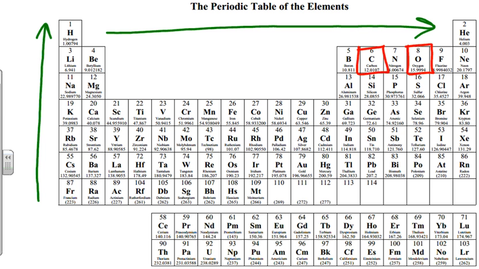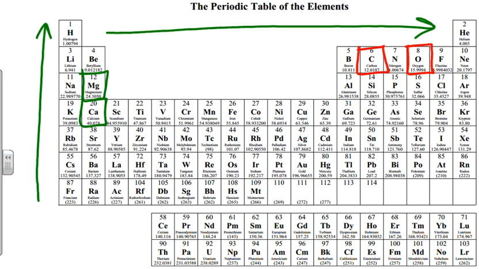Or if I said, which has a higher ionization energy, magnesium or calcium? Well, magnesium would have a higher ionization energy than calcium, even though both are metals and they have relatively low ionization energies. Magnesium would still have a higher ionization energy.